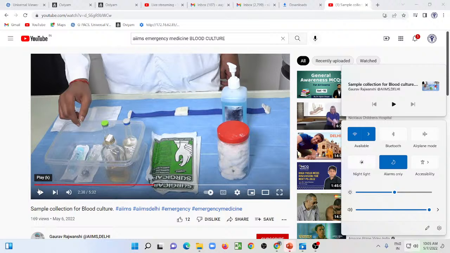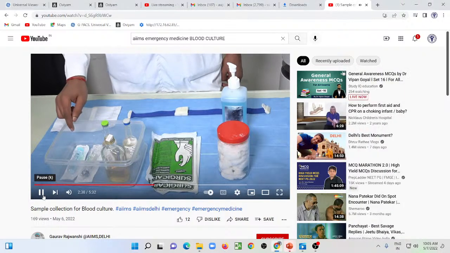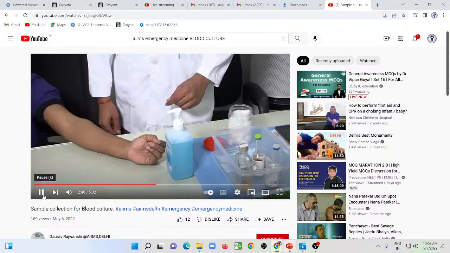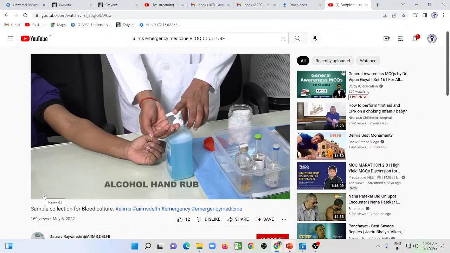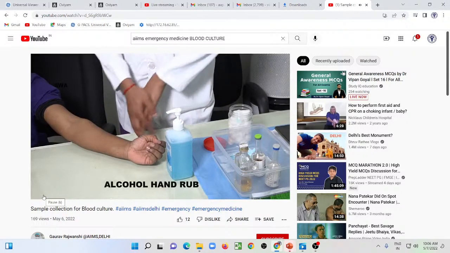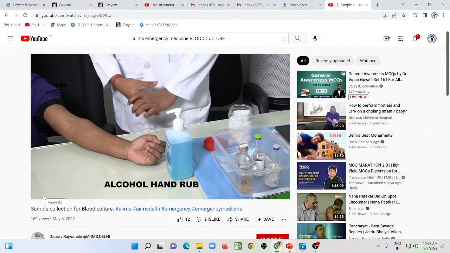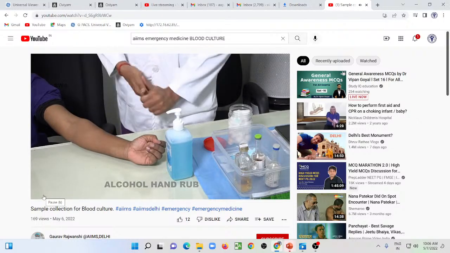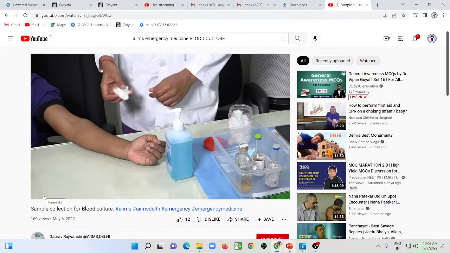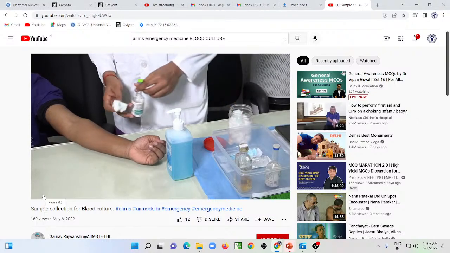These are important steps. Syringe and 10 cc syringe. Sanitize your hands thoroughly and using the swab to disinfect the septum of the bottle.